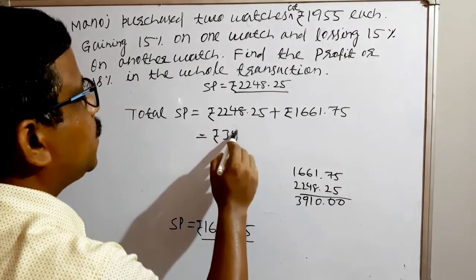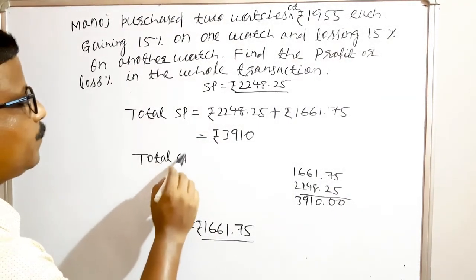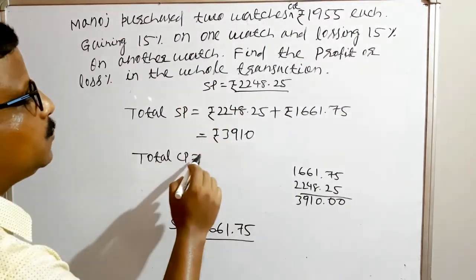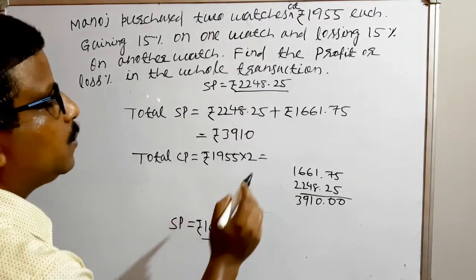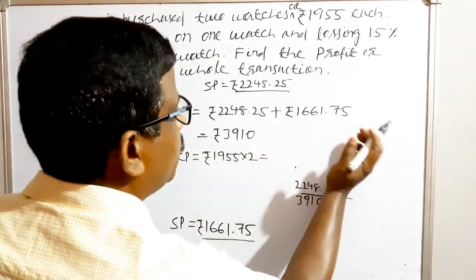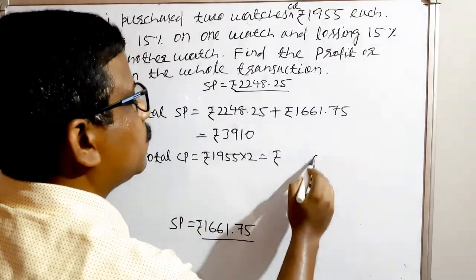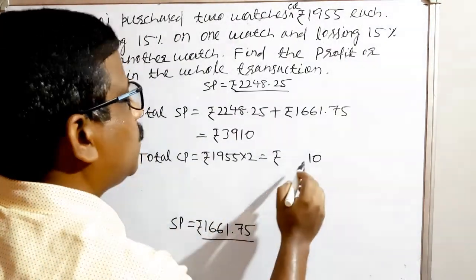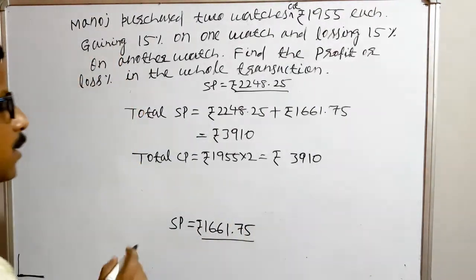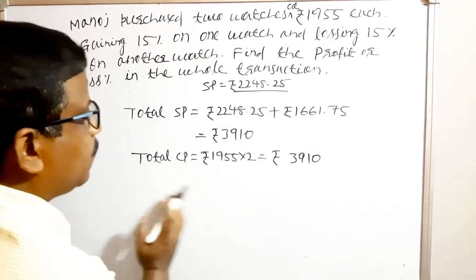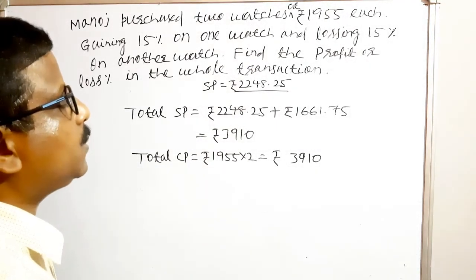Rupees 3910. Total CP: each watch is 1955, so 1955 into 2 is equal to rupees 3910. So you see here the total SP is rupees 3910 and the total CP is also rupees 3910.